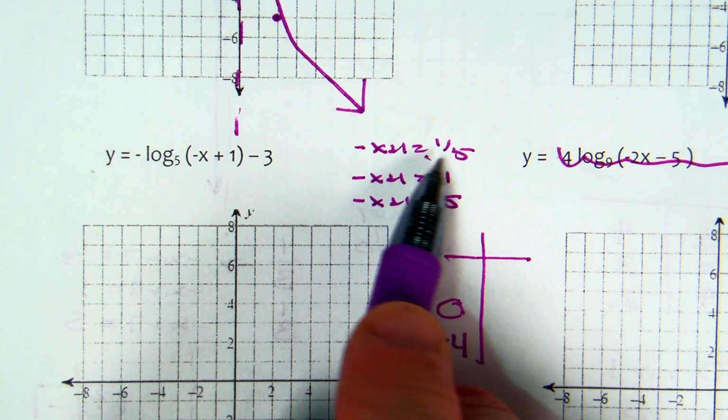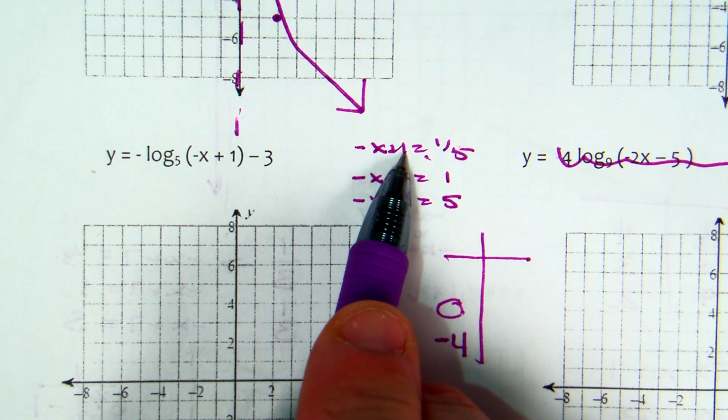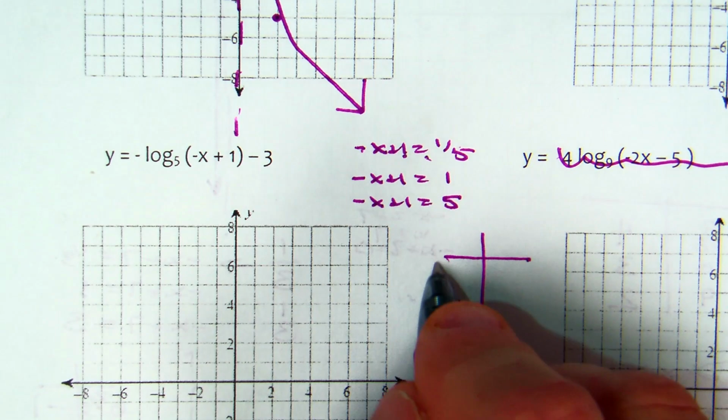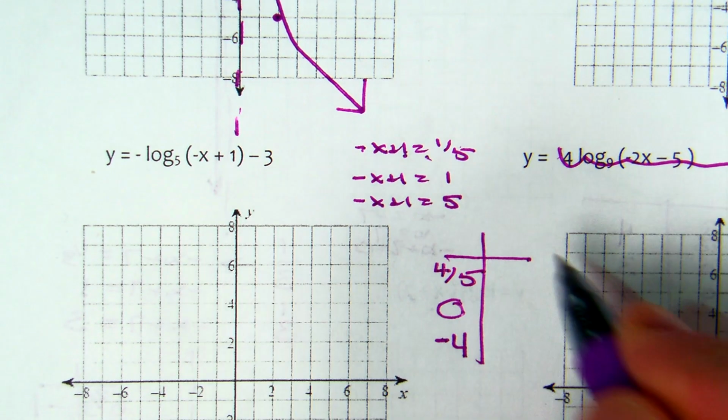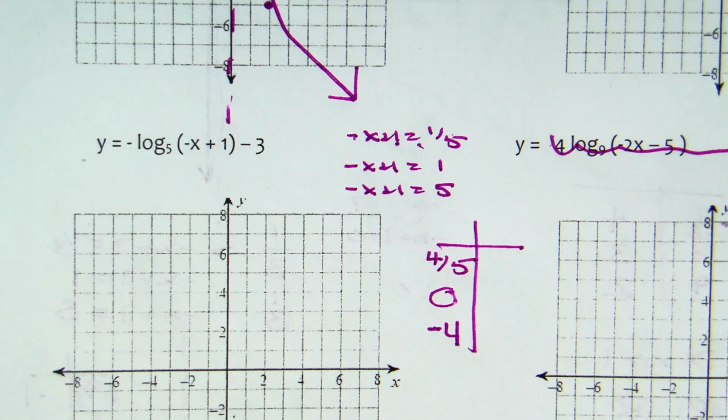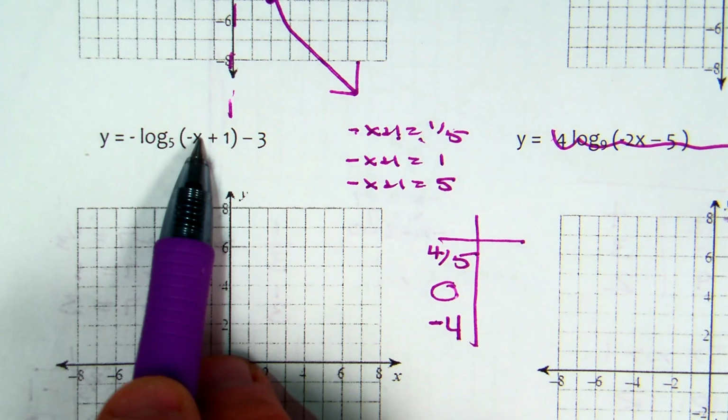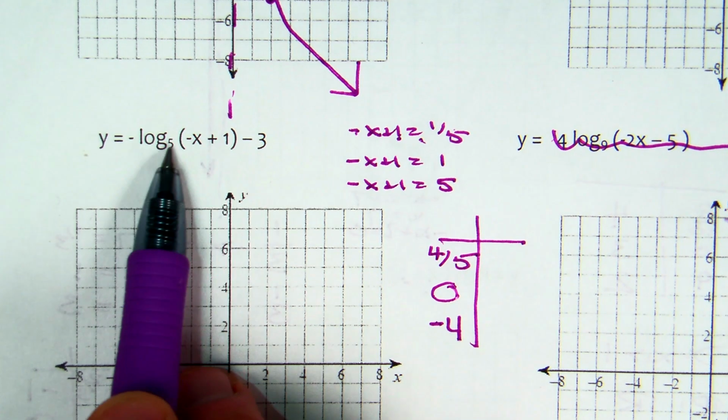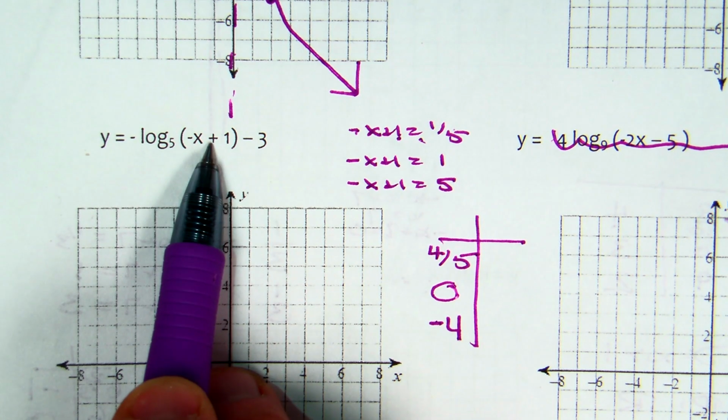Feel free to use decimals. 1/5 minus 1 is negative 4/5, but the negative makes it 4/5. When I plug in the 4/5, I'll end up with 1/5. Log base 5 of 1/5 is negative 1.